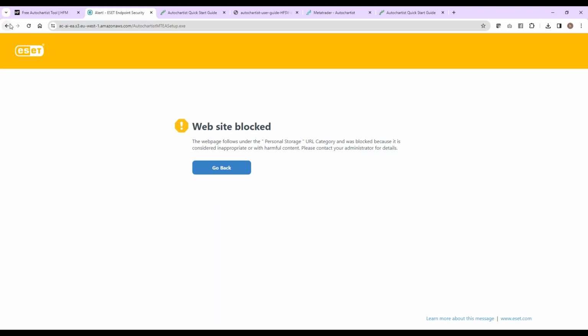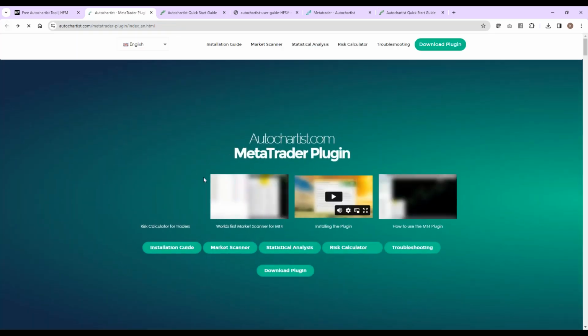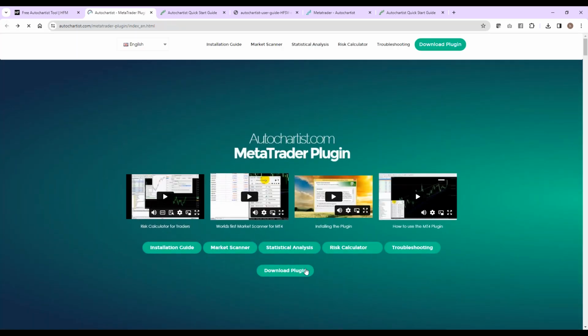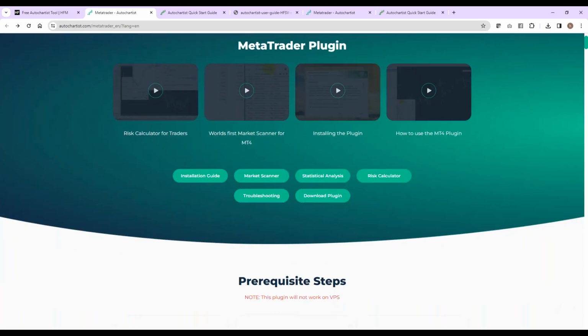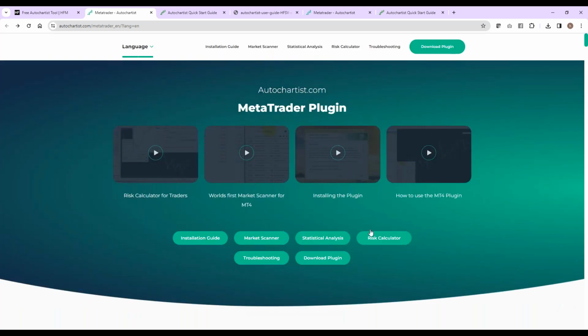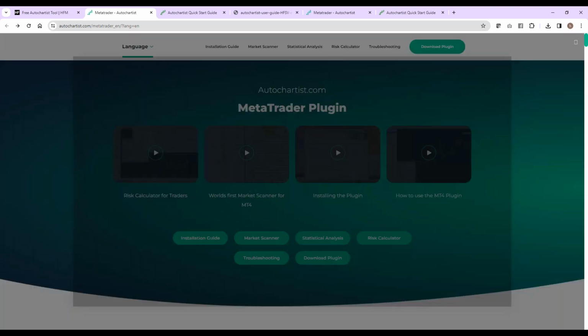I have a web restriction, sorry, for security, so I cannot show it, but basically by clicking download plugin, Autochartist will be downloaded on your PC. So you need to follow some steps.